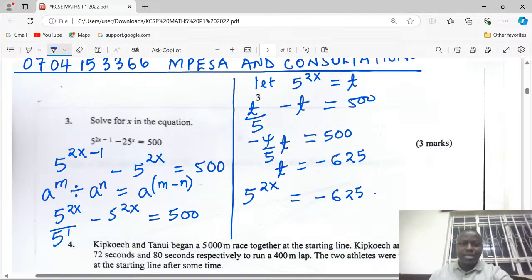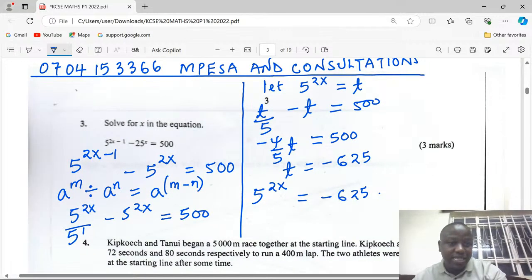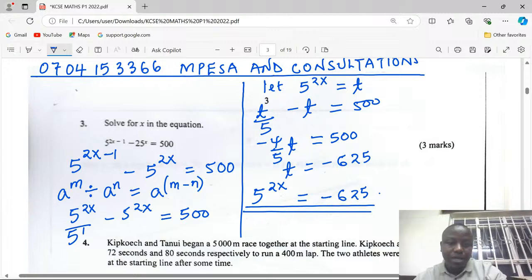Some experts were saying that maybe the question that year had a setting error, but this is what the candidates did, and that is the farthest they can go, assuming that this is the item. There is a way the item can be set so that it ends properly, but in this case it has to be terminated at that point.